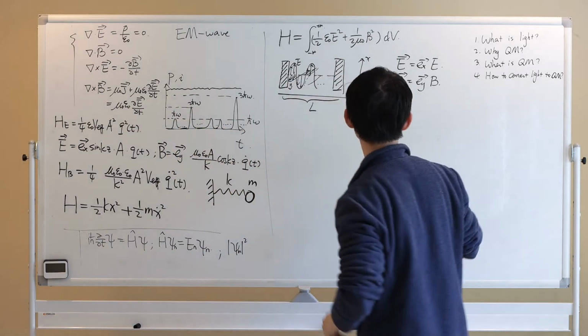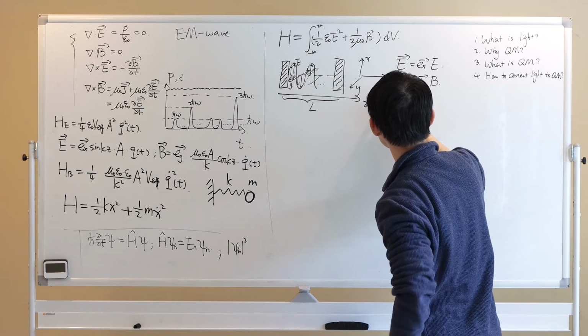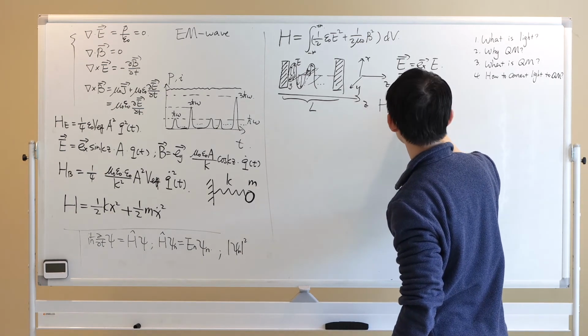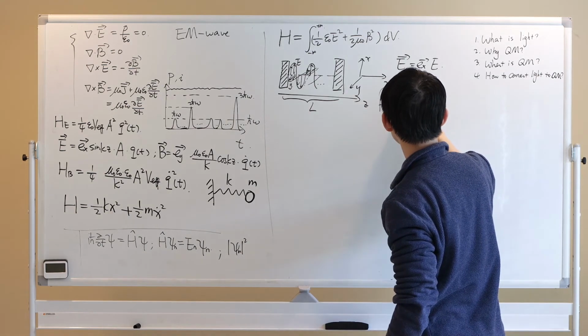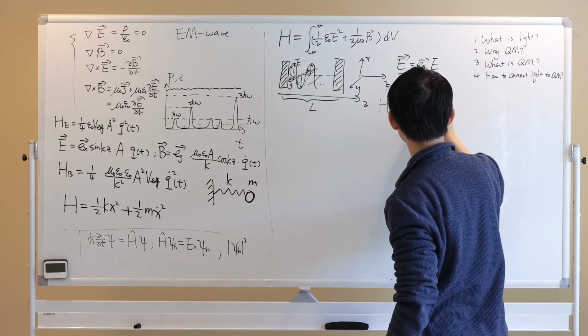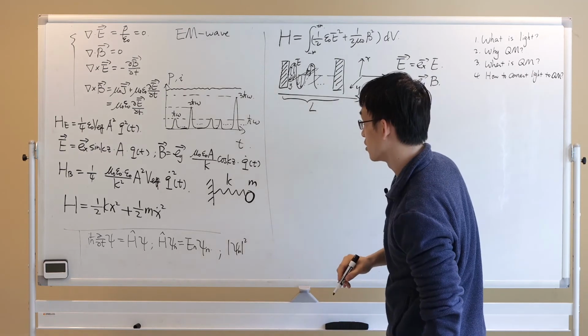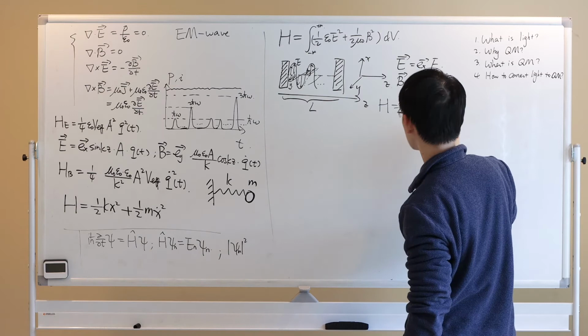Okay, so let's first write down the Hamiltonian here: quarter epsilon v effective, and then there's a square, which is the same.